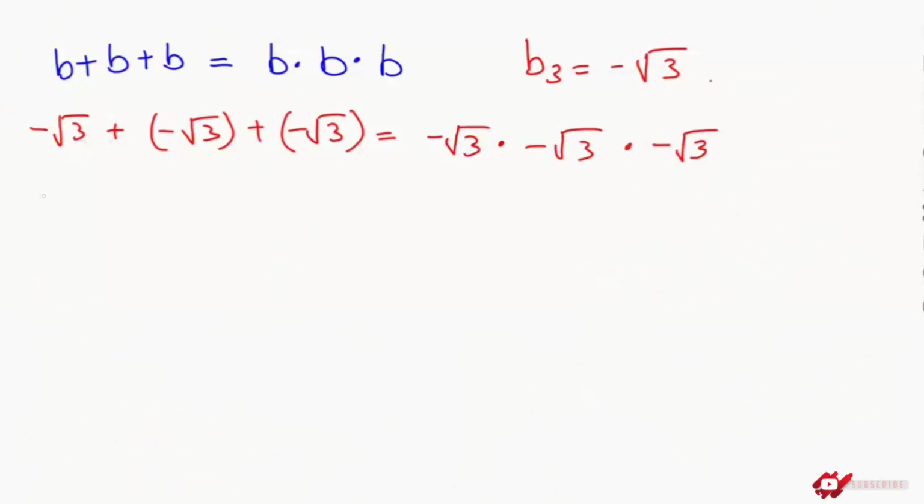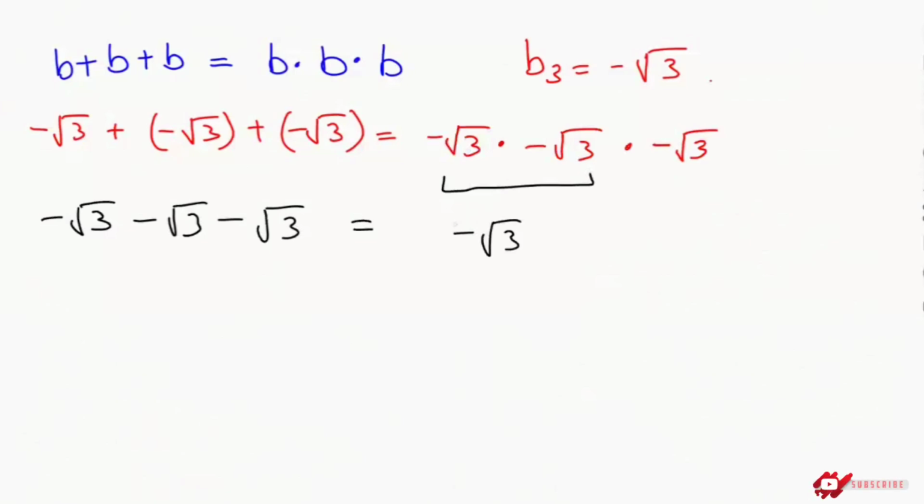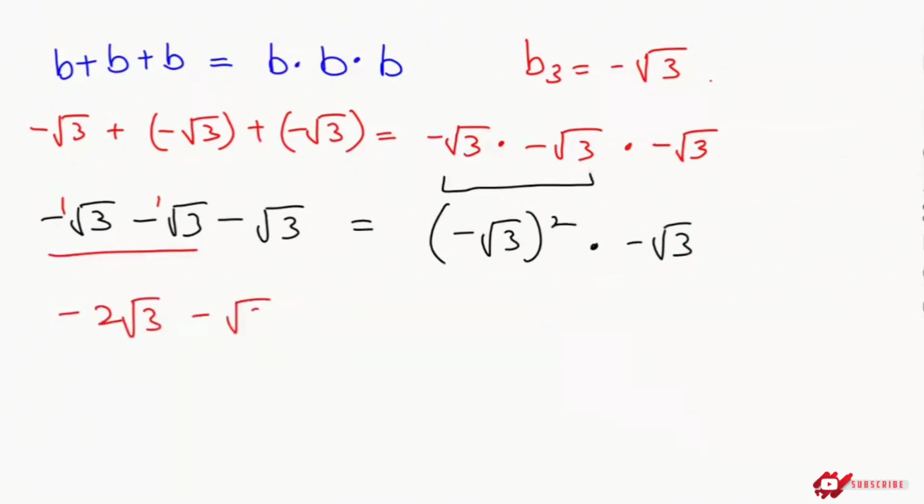Now I'm going to solve first, multiply the signs, minus root 3 plus minus root 3 plus minus root 3 is equal to, now I'm going to multiply the first two, negative square root of 3. So minus root 3 whole to the power of 2 times, we have 1 here, so we're going to solve the first 2 here. So it will be equal to minus 2 root 3 minus root 3.